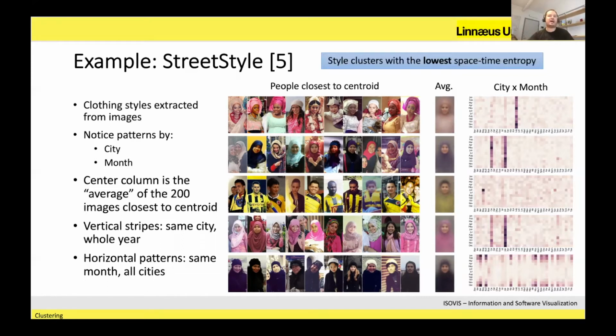The more random something is, the higher its entropy. It's a very general concept. So if we're looking at something that has low space-time entropy, that means that the results are far from random. So there are patterns there to be found, probably.